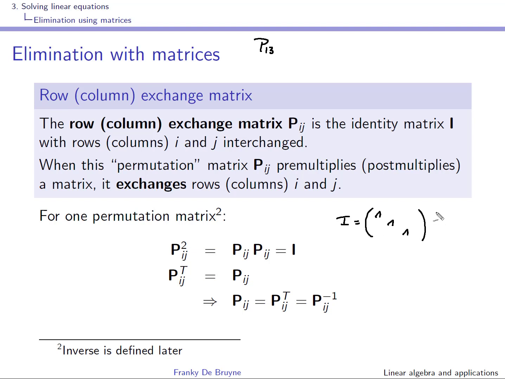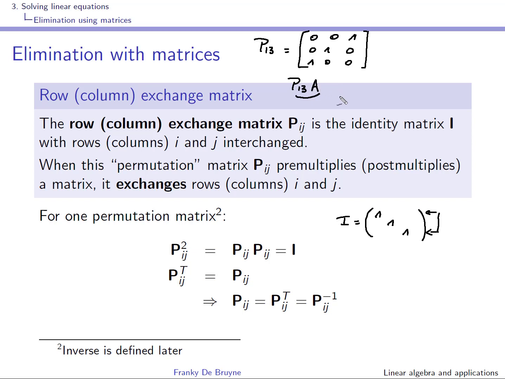And if I want to interchange rows 1 and 3, I start from the identity matrix and I perform this operation and I end up with the following matrix: 0, 0, 1, 0, 1, 0, and 1, 0, 0. So when I pre-multiply a matrix A by this permutation matrix, what I will do is interchange rows 1 and 3. This is what I need for elimination.